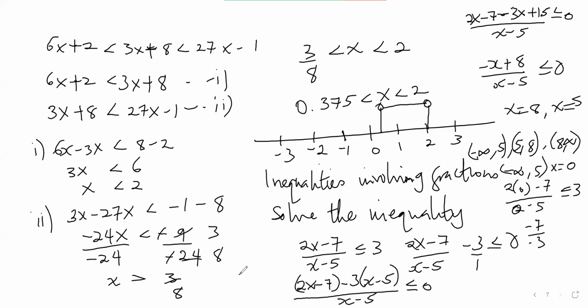So 2 times 0 minus 7, and 0 minus 5 is minus 5. That will give us 1.4. 1.4 is less than or equal to 3.